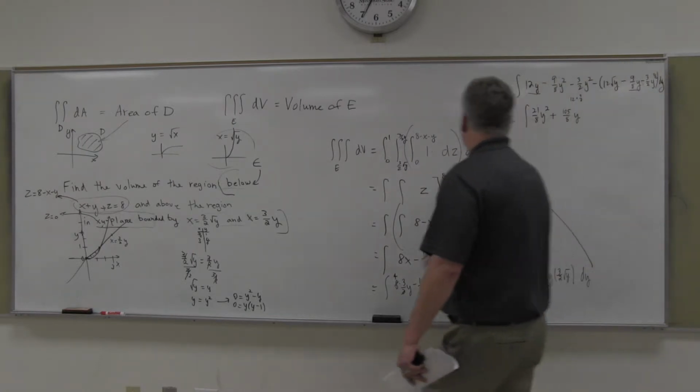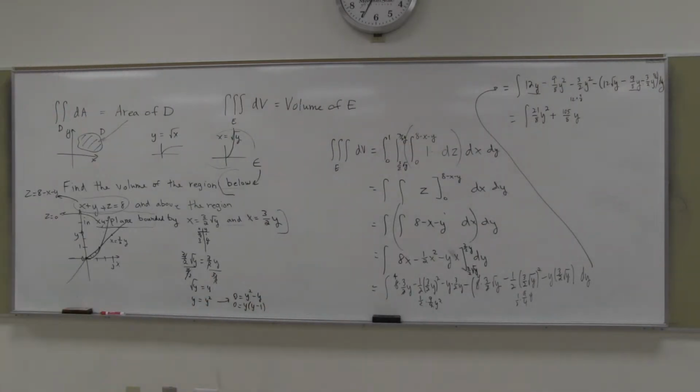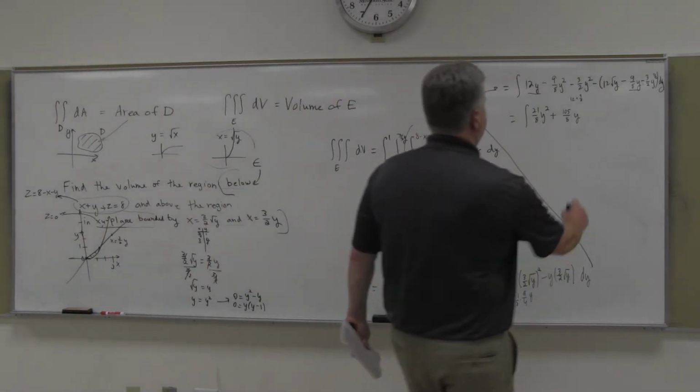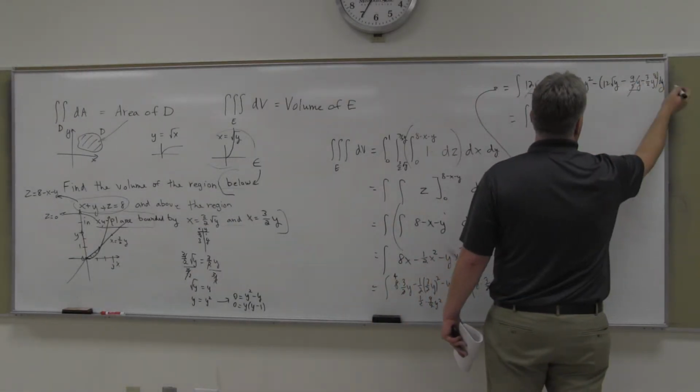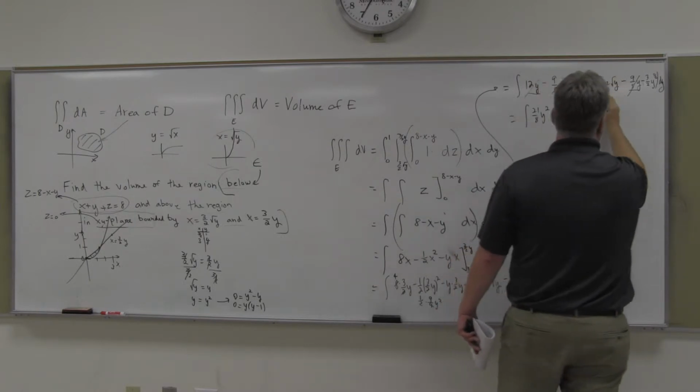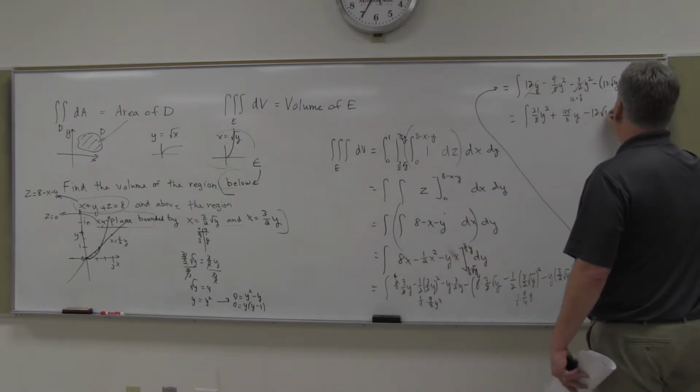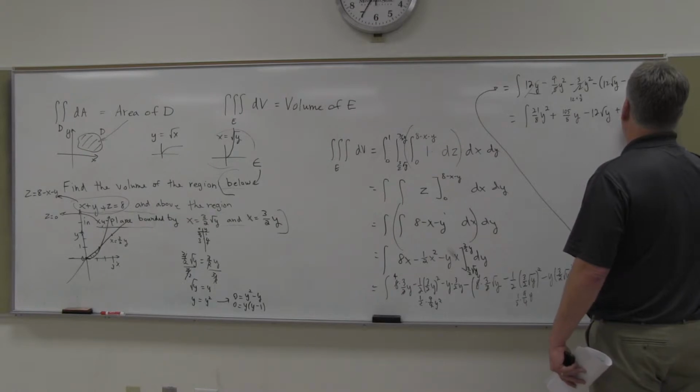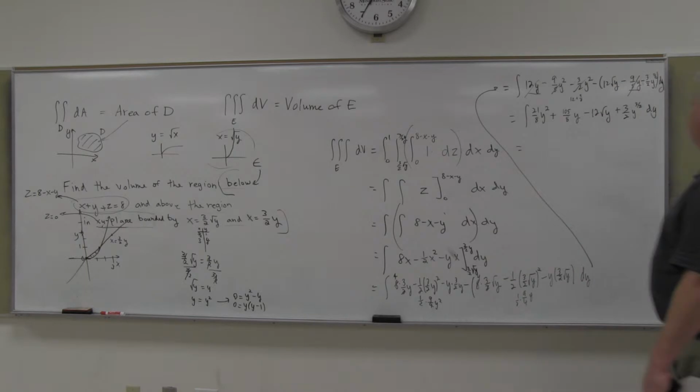Check that. 12 plus 9 eighths. Right, sounds right, 105. Yeah, I get some fractions going here. And then, what's left? I did those two. All right, so I got minus 12 square root of y, and then a plus 3 halves y to the 3 halves. So last but not least, do that, which is just some power rules.